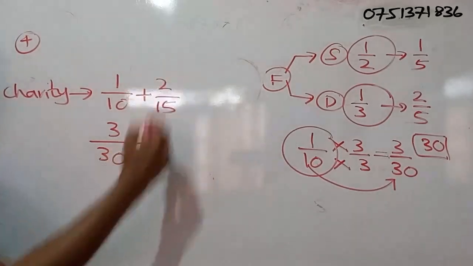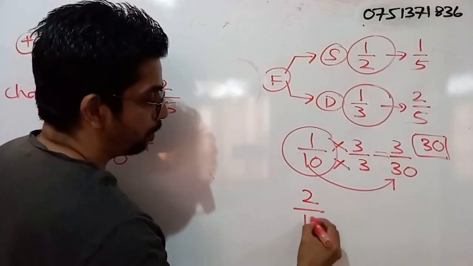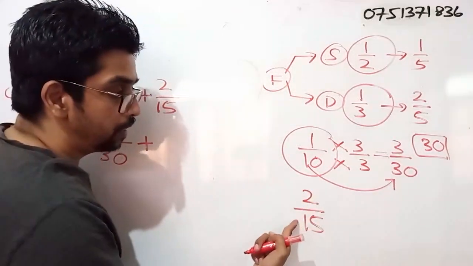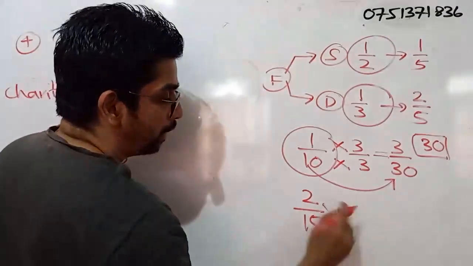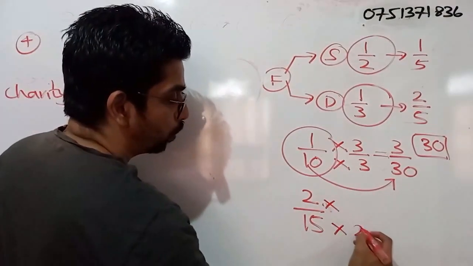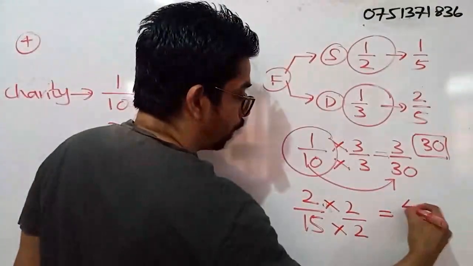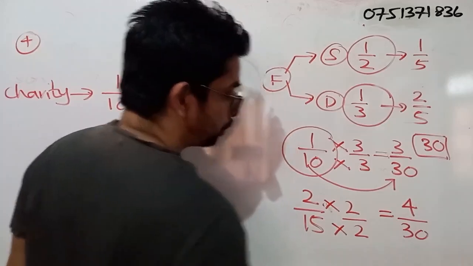Now we do the same process for 2 by 15. We have to convert this 15 into a 30. Multiply the denominator by 2, and do the same to the numerator. 2 times 2 is 4, 15 times 2 is 30.